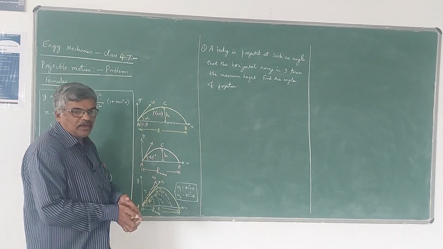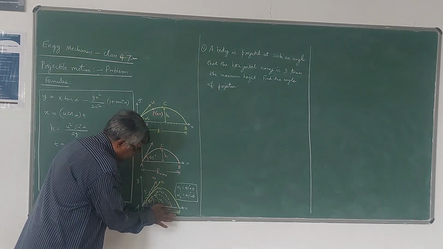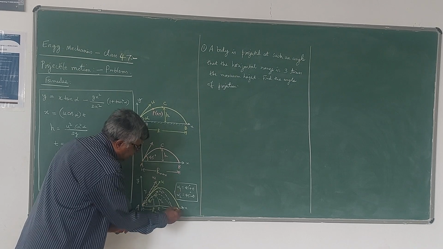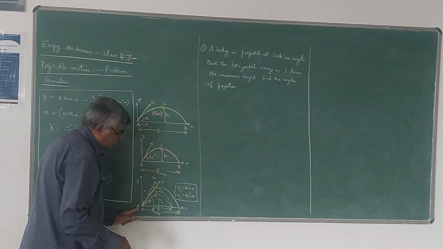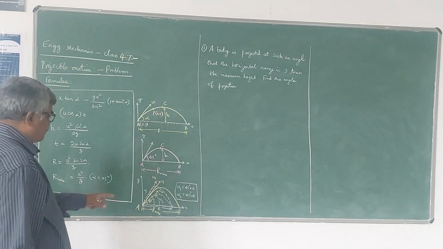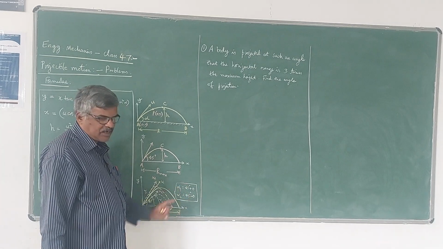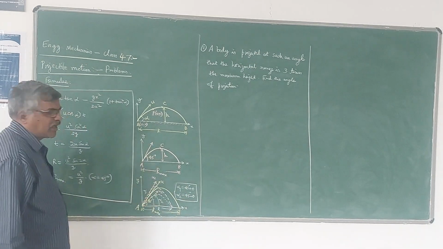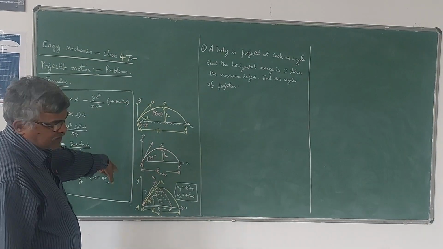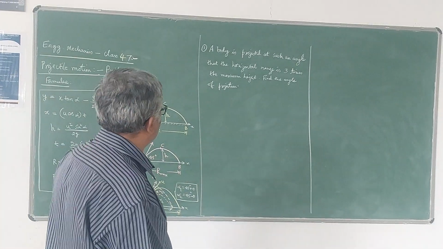Also, for a given value of R, you will have two values of the angle of projection, alpha 1 and alpha 2, given by 45 plus theta and 45 minus theta, where theta can be determined for a given value of R. Now, these are the equations which govern the problems on projectile motion on a horizontal plane.